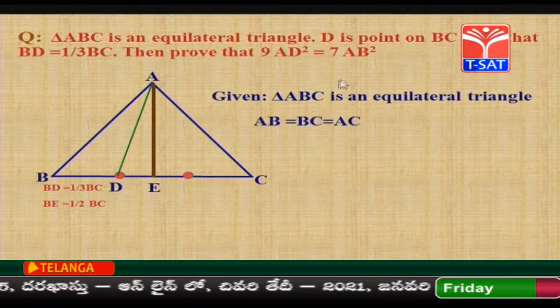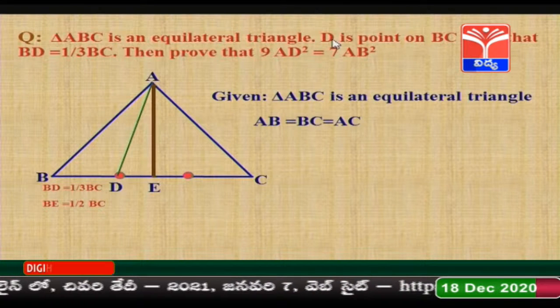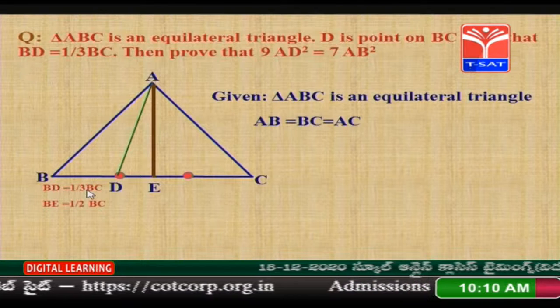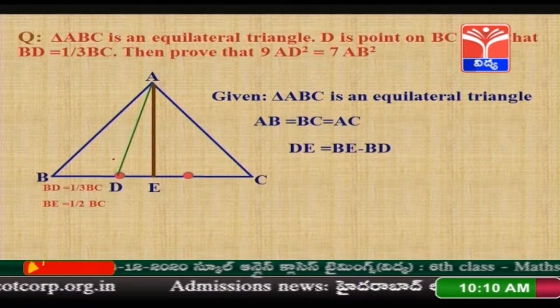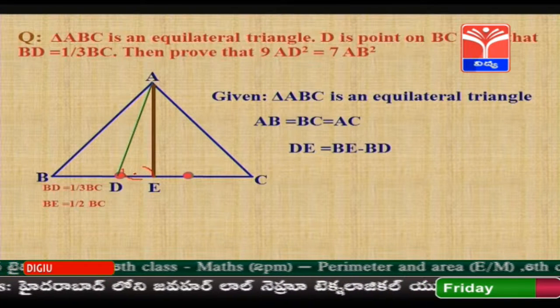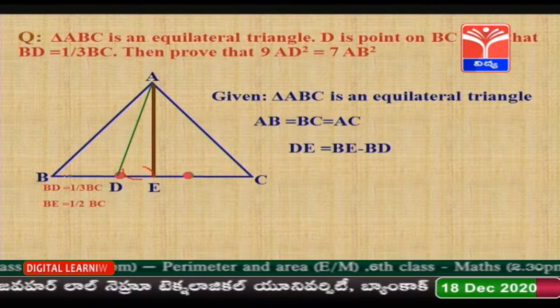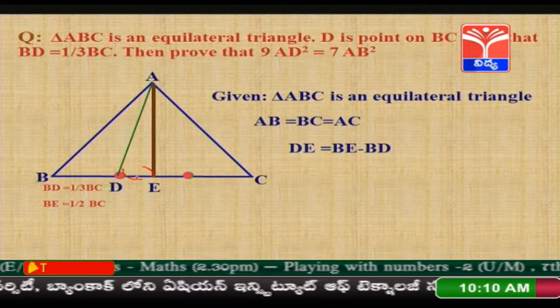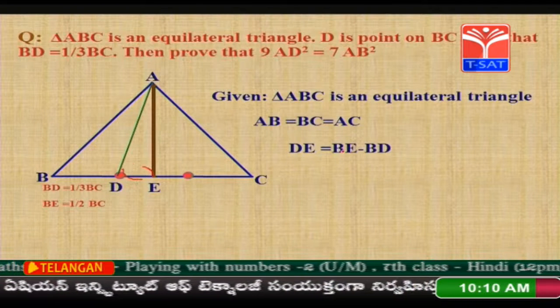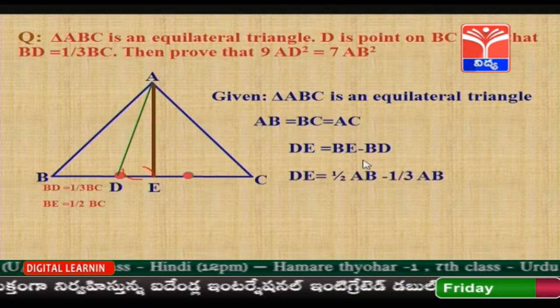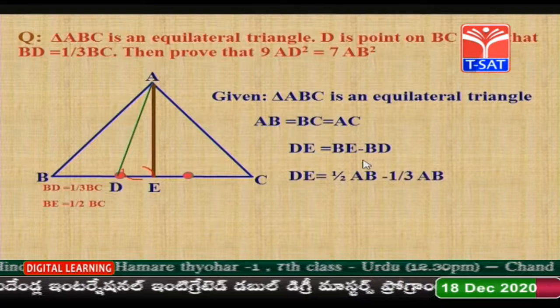Now, it is given that the point D trisects BC. Therefore, BD is equal to 1 by 3 BC. I want to find the small distance DE. How can we find it? If we subtract BD from BE, we get DE. See, DE is equal to BE minus BD. Now, BE is half AB, no?